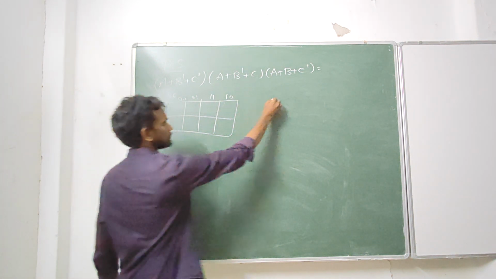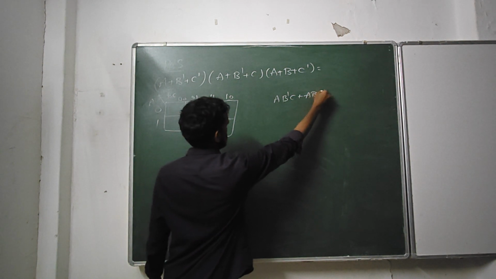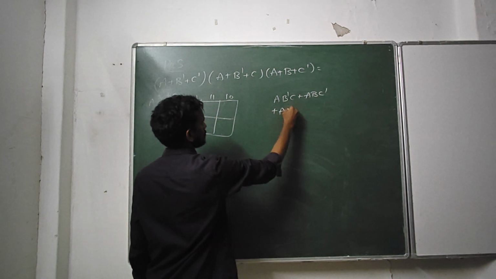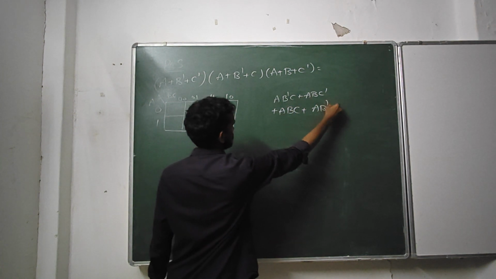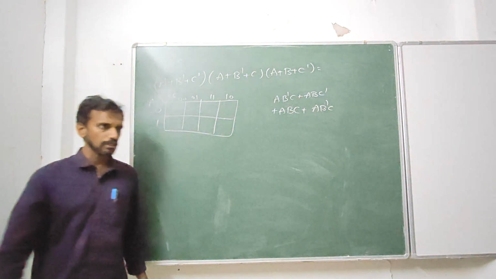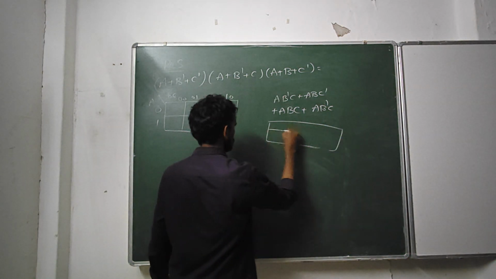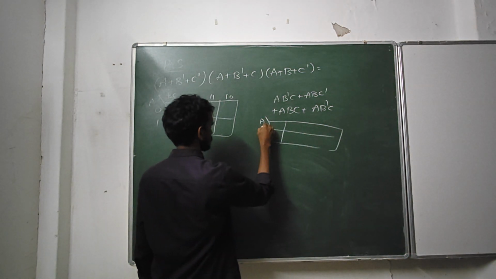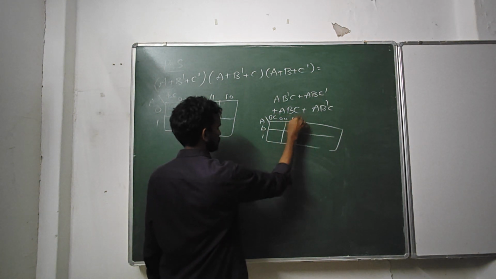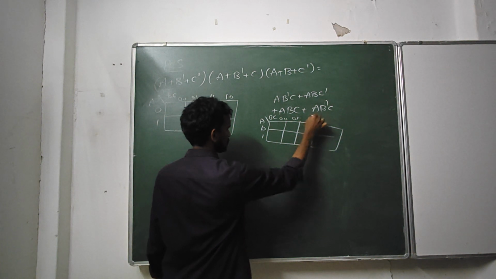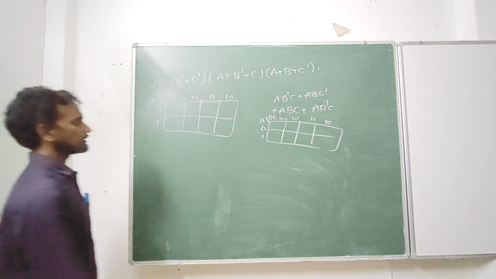So let's say we have some set of terms like a b bar c plus a b c bar, a b c plus a b bar c kind of terms. Then we will fill the table, this K-map table. Let's say a b bar c.